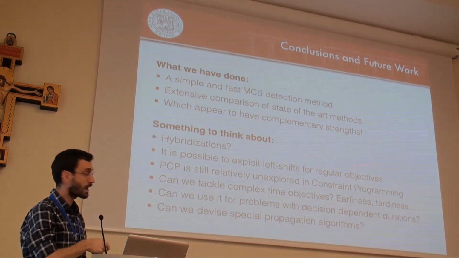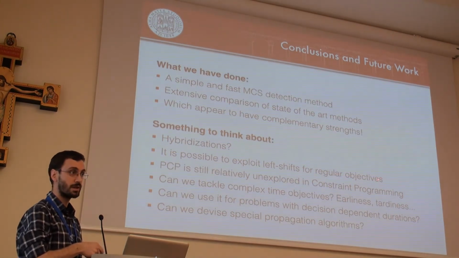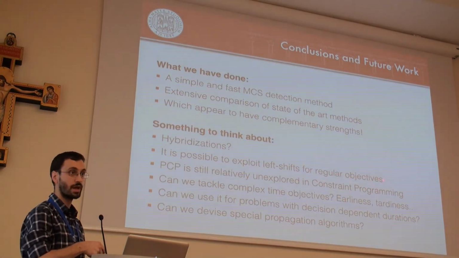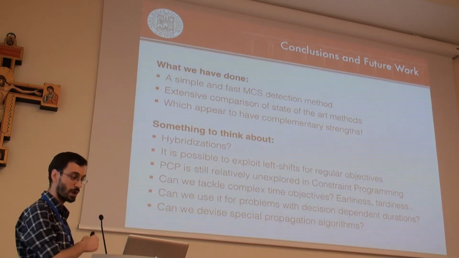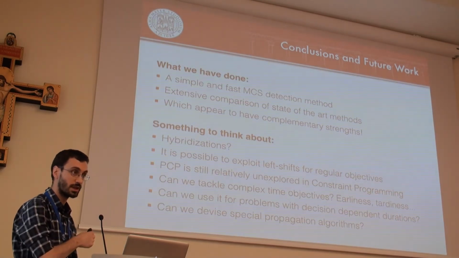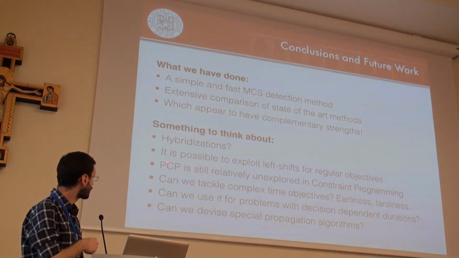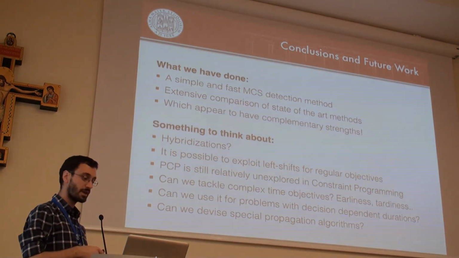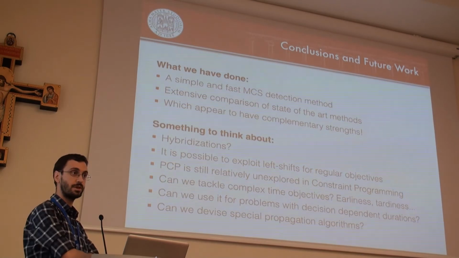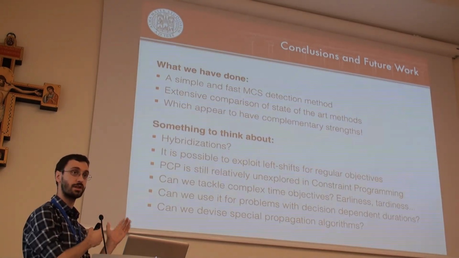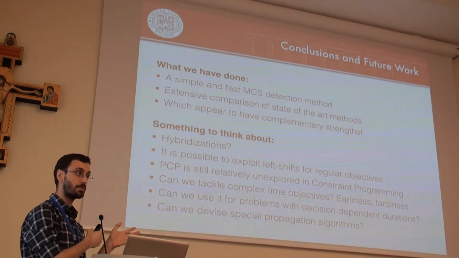If we have a regular cost function like the makespan, it is possible to exploit this regularity. And there are a couple of ways to do it in the literature, and they work pretty well. But if we have a more complex objective, in principle, those general methods that I showed to you may be very interesting.